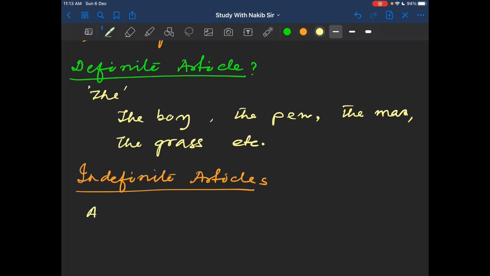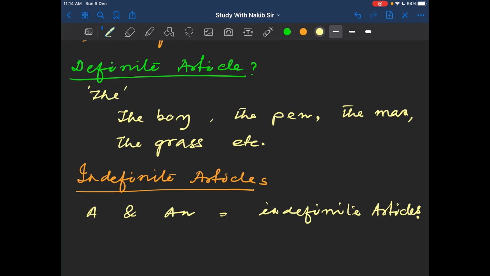These two are indefinite articles. Why are they called indefinite? Because they cannot point out anything particular, person or thing. Everything is indefinite. Nothing is definite.